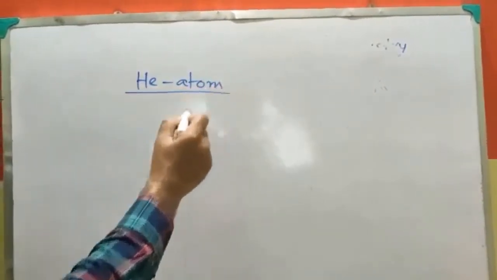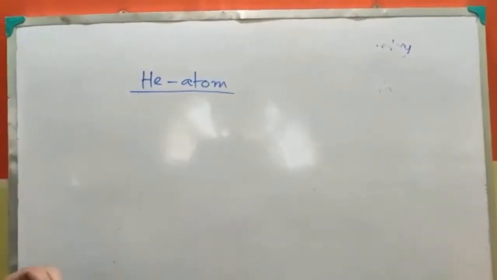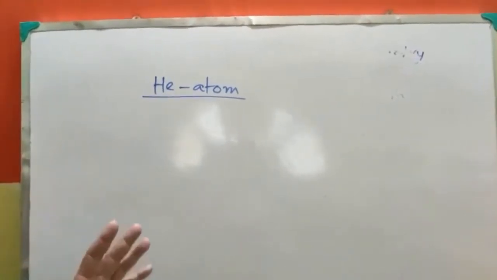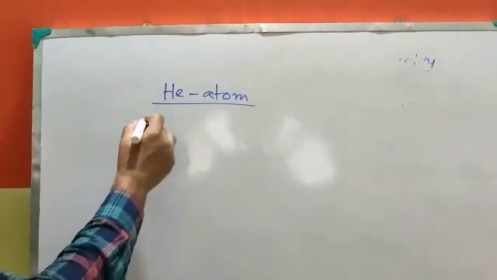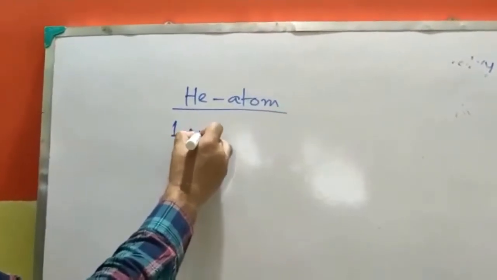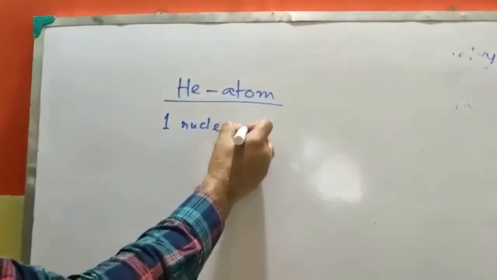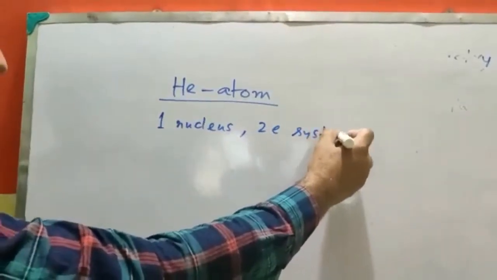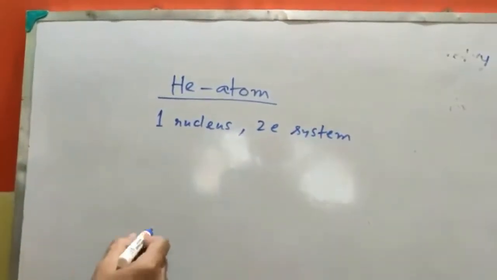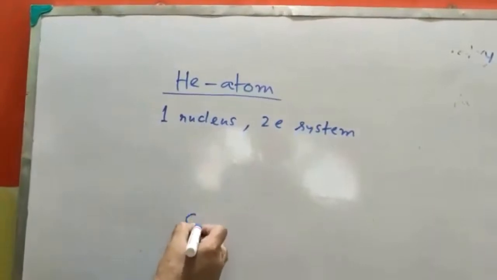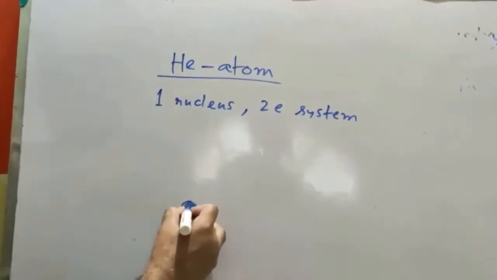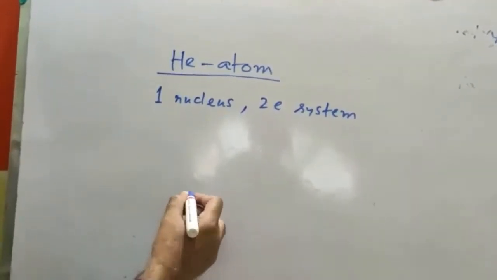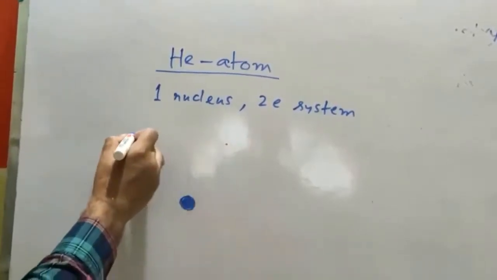The helium atom is basically a one nucleus, two electron system. We can draw the picture like this: this is the helium nucleus, and these are two electrons.